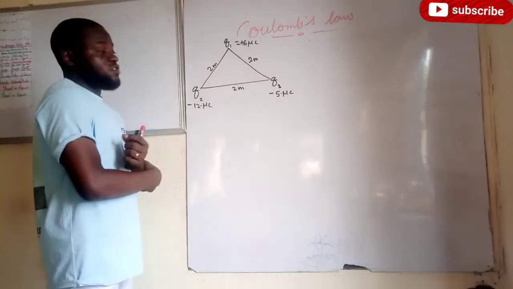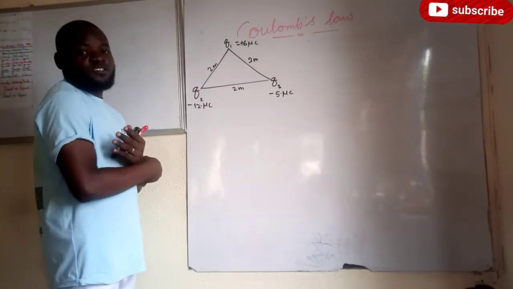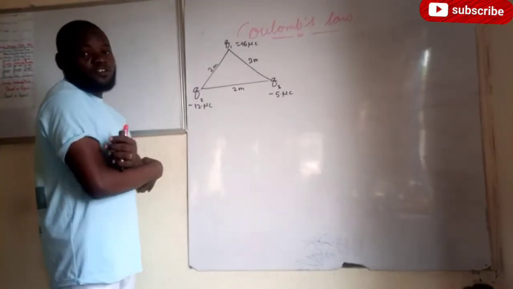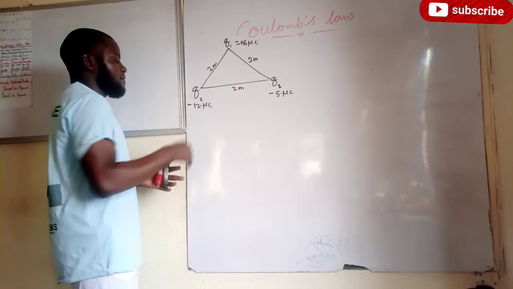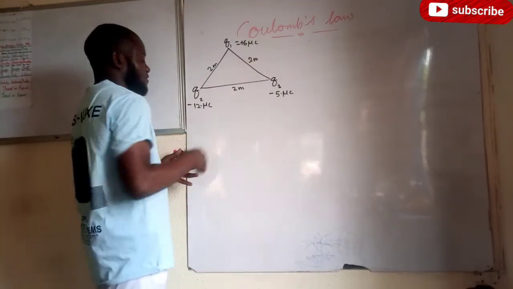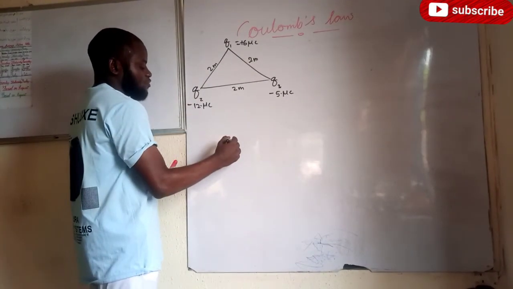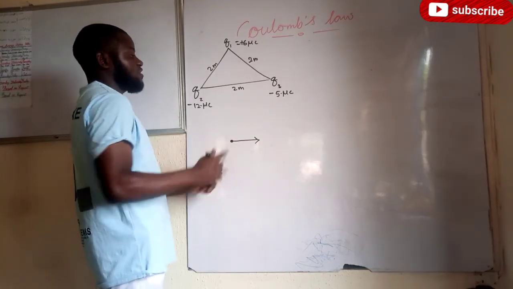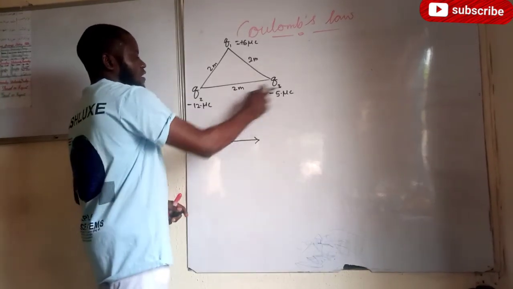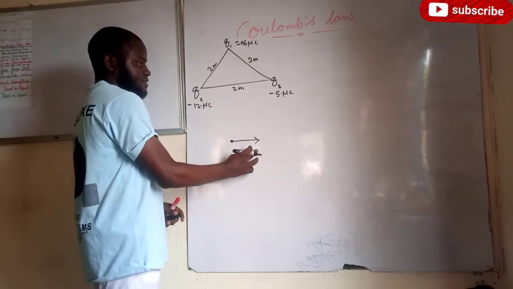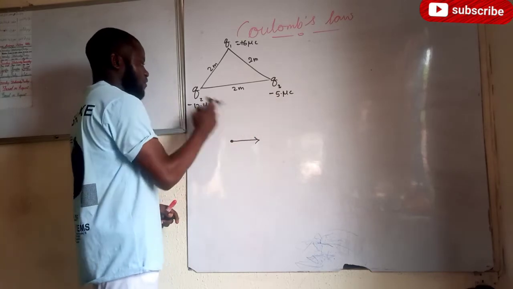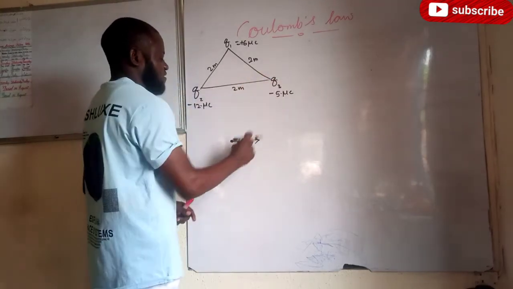Okay, for us to solve this question correctly, what I would like us to do is to draw a free body diagram of how the force actually acts. Remember that Q2 and Q3 are going to produce a horizontal effect. So the force of repulsion is going to take place along the horizontal axis towards the positive charge. Are we together now? Because it's going to repel this towards this side.